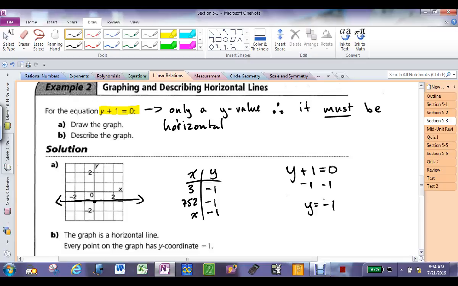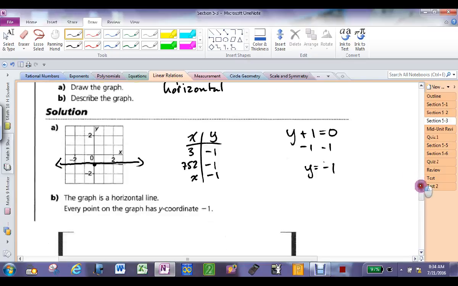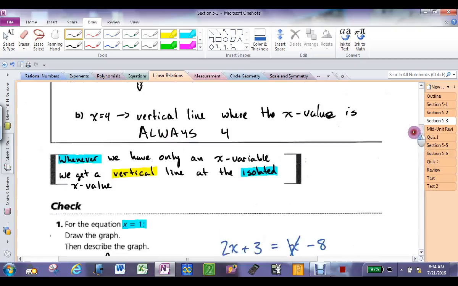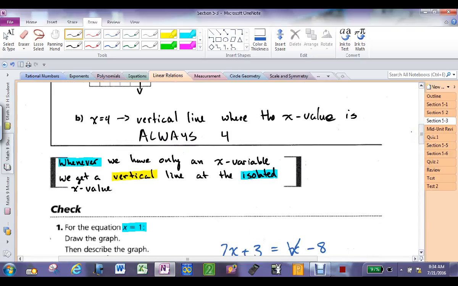Good? Great. What's the rule? Exactly the same as this, except what changes? It's a y variable and horizontal at the isolated y value. I'm so lazy.